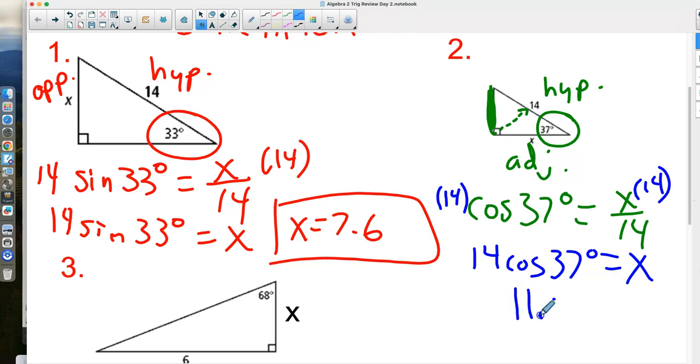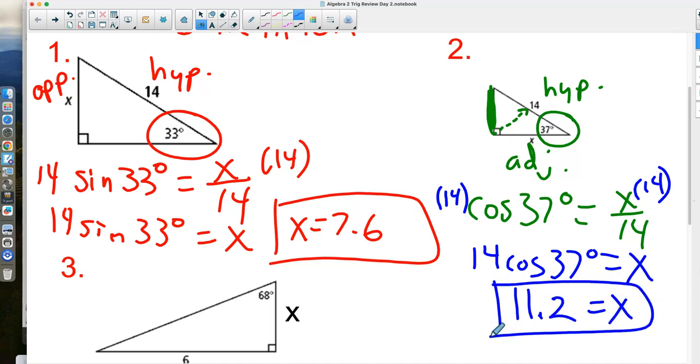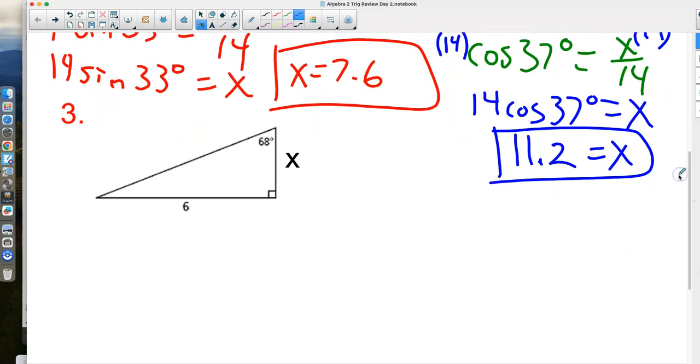So if you're thinking, boy, this really seems familiar, yeah, you did this in geometry. Alrighty, so let's go to number 3. So which angle are you circling? What are you going to label the 6?